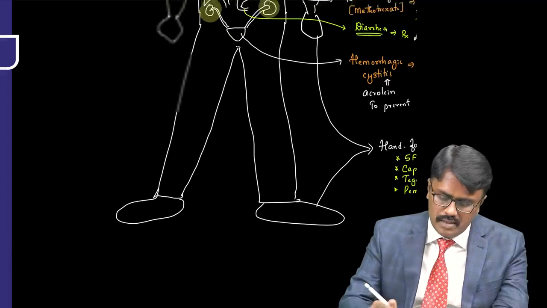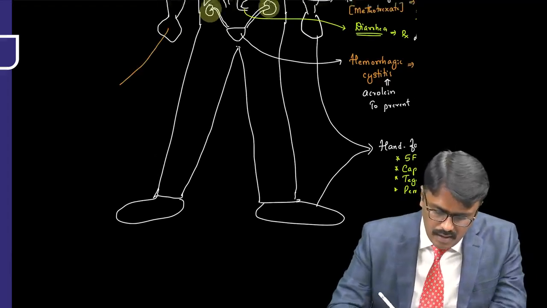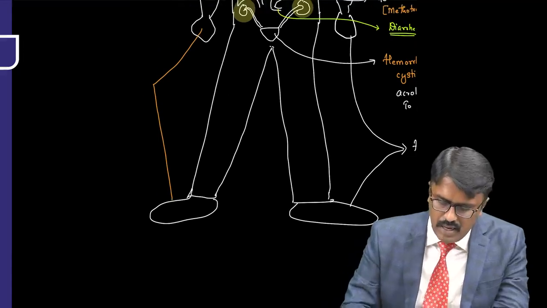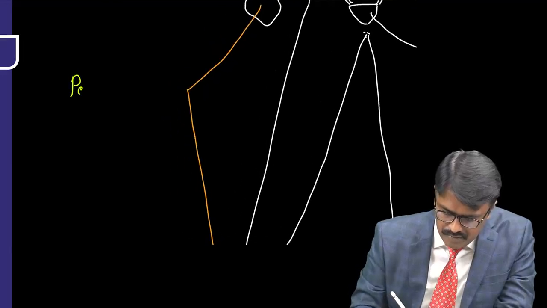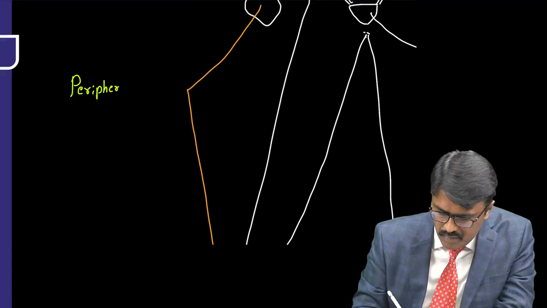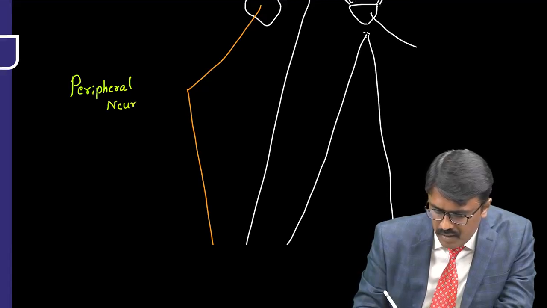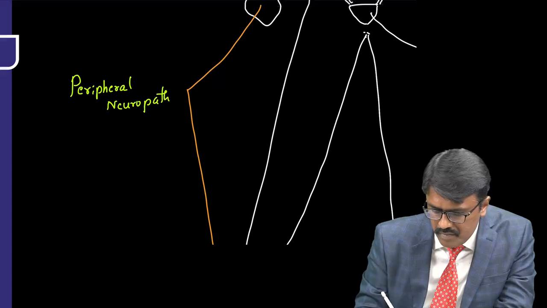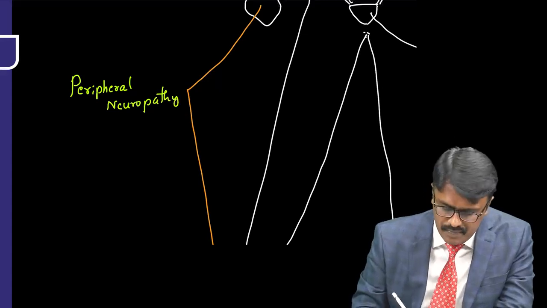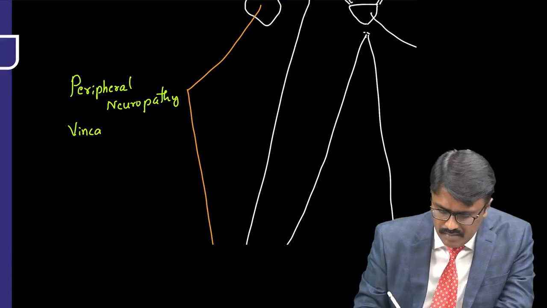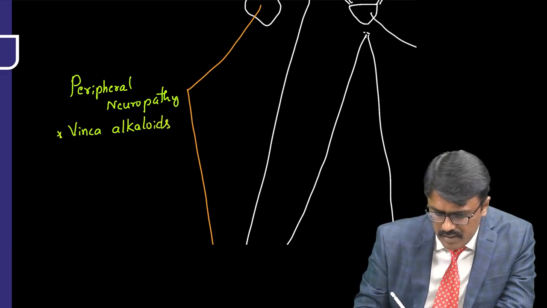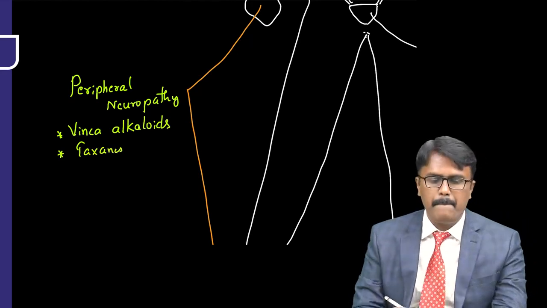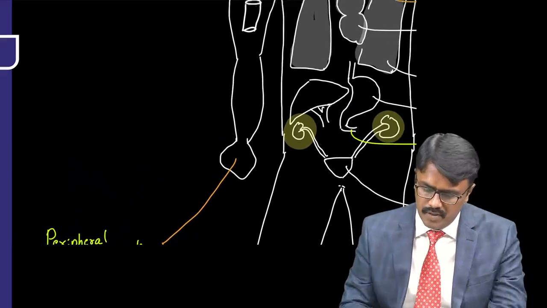Now again, you take the example of the upper and lower limb. In that there is a neuropathy called peripheral neuropathy, affecting the periphery. And that is done by the Vinca alkaloids like vincristine. Vinca alkaloids, not only that, even taxanes can do that. Now moving on to the next one, you can see the kidney here.